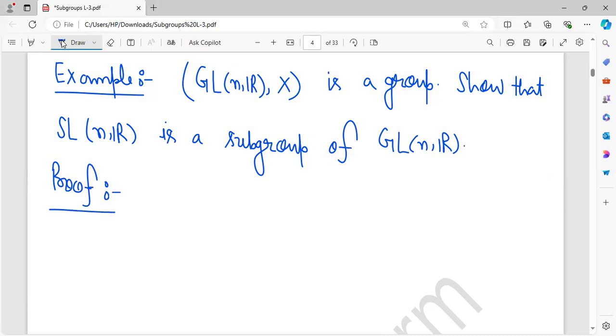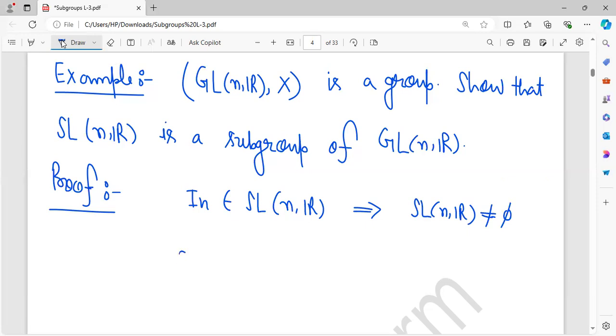I_n belongs to SL(n,R). So this implies SL(n,R) is non-empty, and SL(n,R) is a subset of GL(n,R).